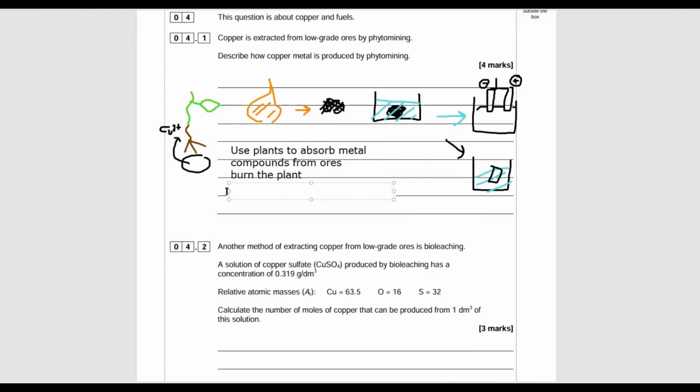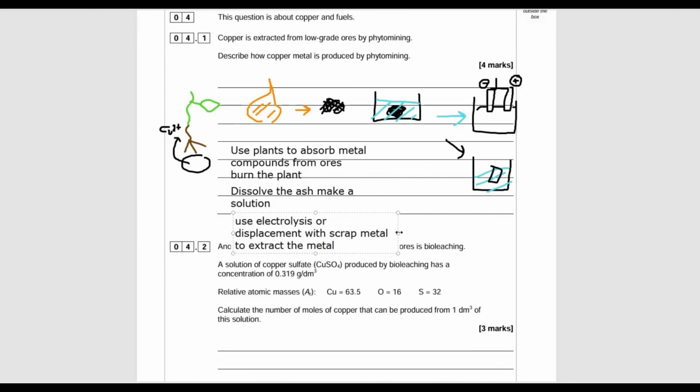Then dissolve the ash, make a solution, use electrolysis or displacement with scrap metal. And there we go. That is really your 4 marks. So use plants, burn the plants, dissolve the ash, and then use electrolysis after making a solution. Bish, bash, bosh.